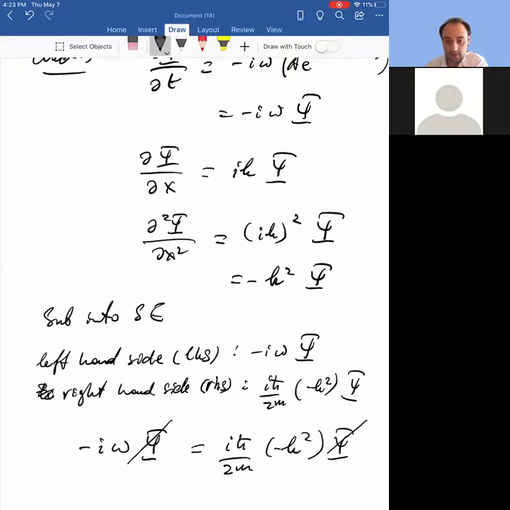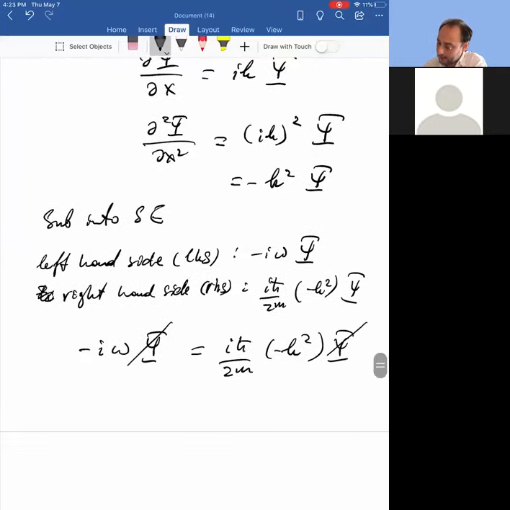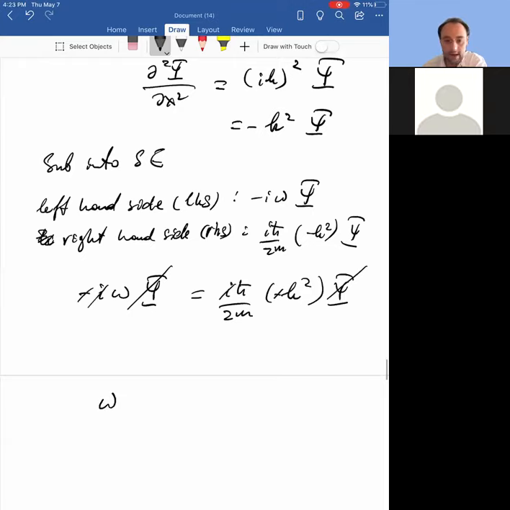I can cancel out the psi, and I can cancel out the i and the minus. And this says that omega equals h bar k squared over 2m.